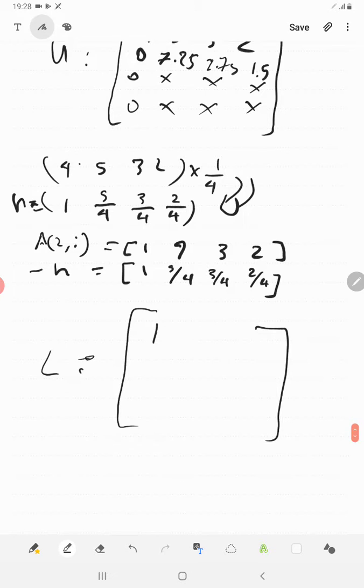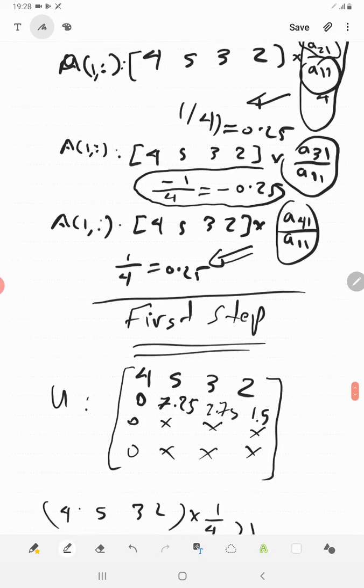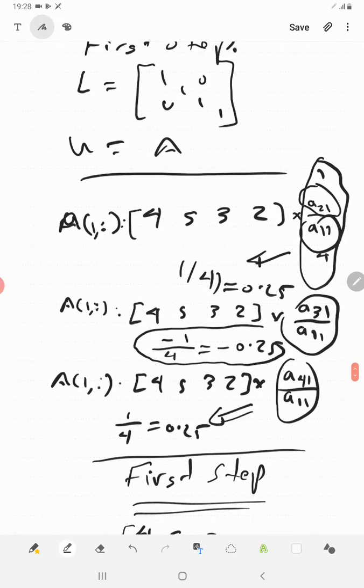We have 1, 0, 0, 0, then 0, 1, 0, 0, 0, 0, 1, 0, 0, 0, 0. That was the original identity matrix. Now, these are 3 elements here, which is 0.25, this one 0.25, and this one is minus 0.25, and this one is 0.25.